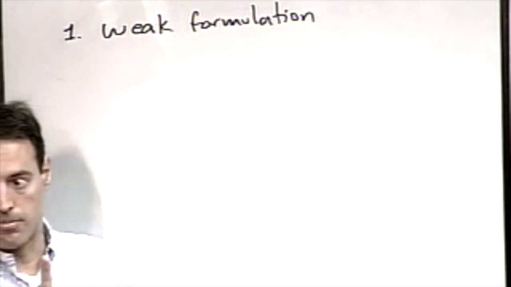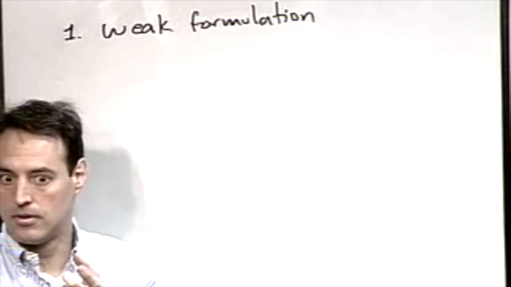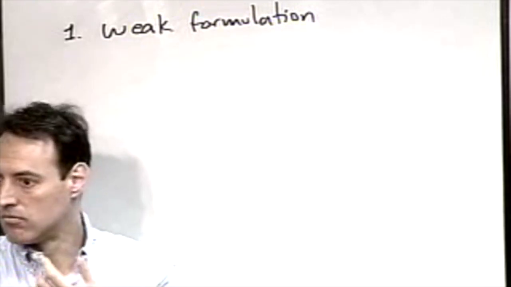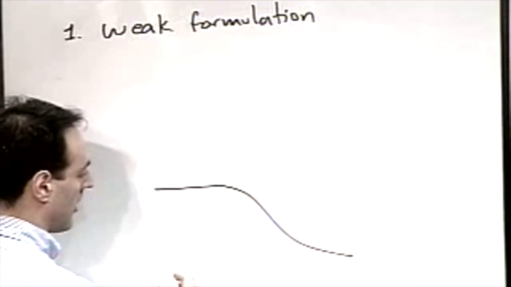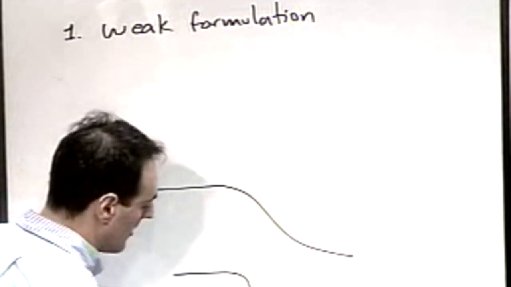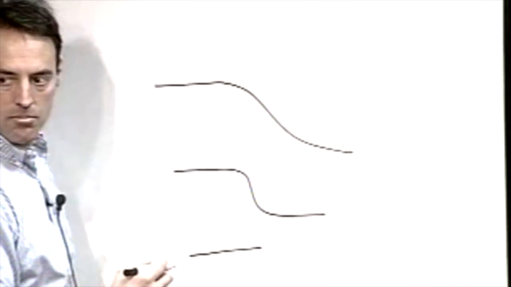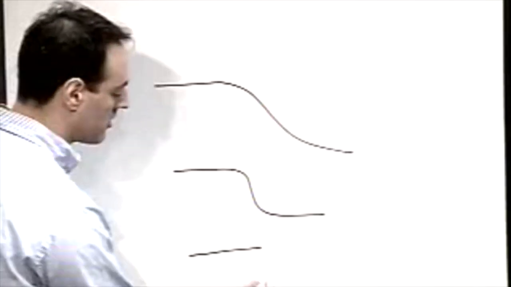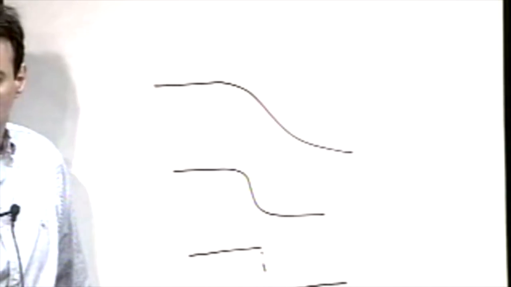By the way, going to this weak formulation is also very nice for one other purpose, which is if you have a problem where shocks develop. If you have shock waves in a problem, often with a nonlinear wave propagation problem, you'll get something that starts off like this and starts to curl over. There comes a time when that's no longer a function. Mathematically, you have to have it as a function, and so maybe you approximate this by a shock wave of some form.